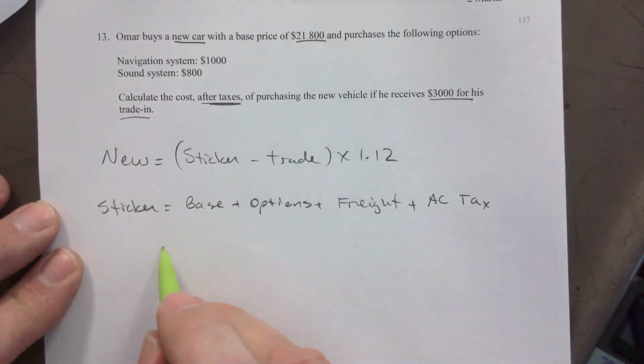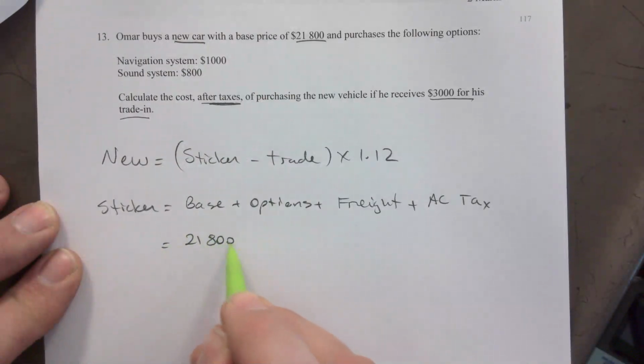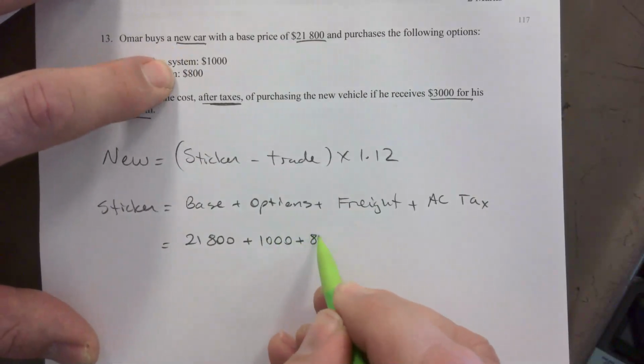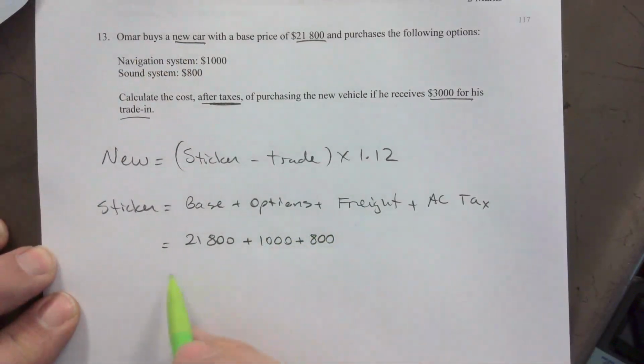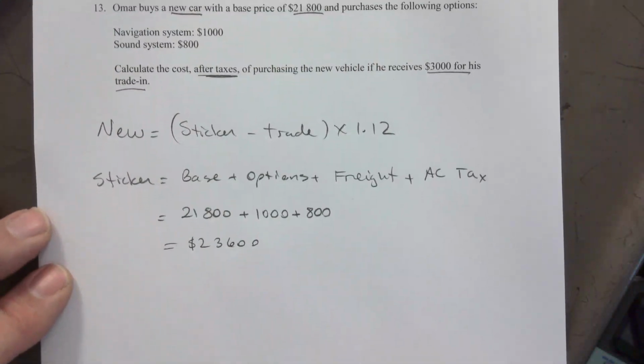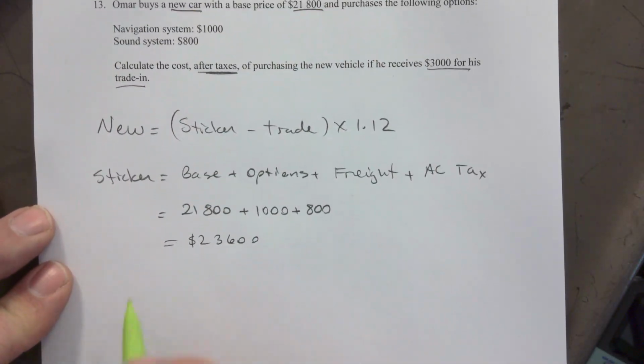That's your base. In this case, it's 21,800, plus I'm going to add the 1,000 and I'm going to add the 800. Okay, so that's 22,800, 23,600. I think you get a mark for that part already, the 23,600.